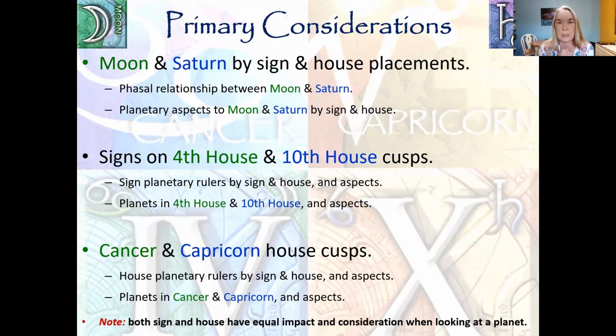Now, this is the slide for the whole lecture if you want to know these primary considerations. Number 1, it's Moon and Saturn by sign and house placements.